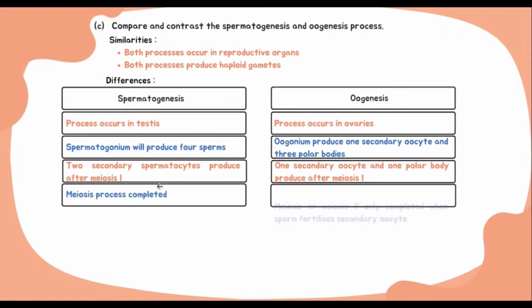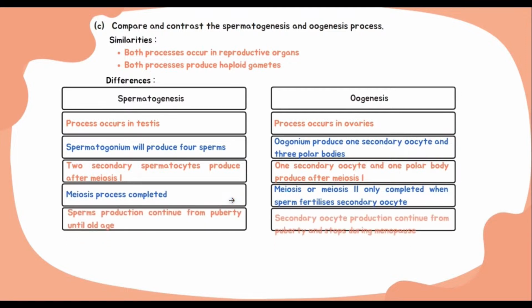Now next, in spermatogenesis, the meiosis process is completed, while in oogenesis, meiosis 2 is only completed when sperm fertilizes the secondary oocyte. The next category is about meiosis. Okay.